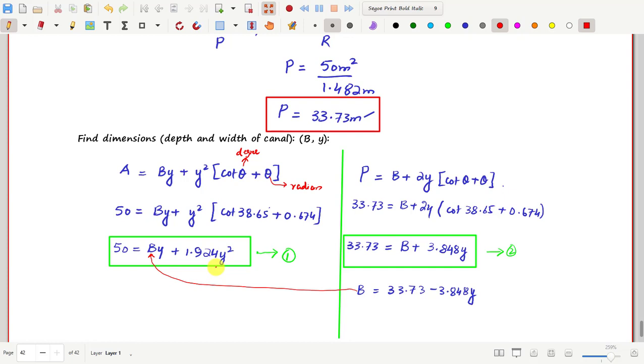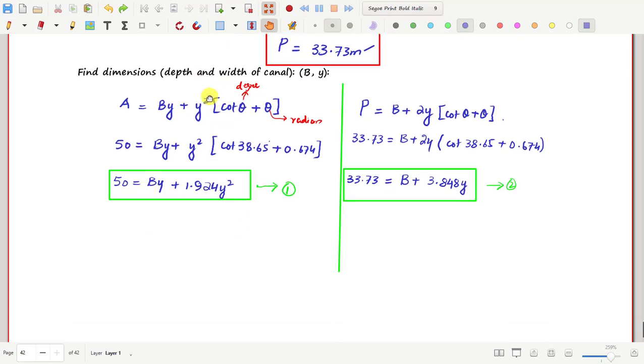Okay, let's do one more thing. Just subtract it, and as you can notice here, here is y square, right? Here is just one y, but in this equation there is no y with b and this y is not square. So what we can do, we can do one thing.